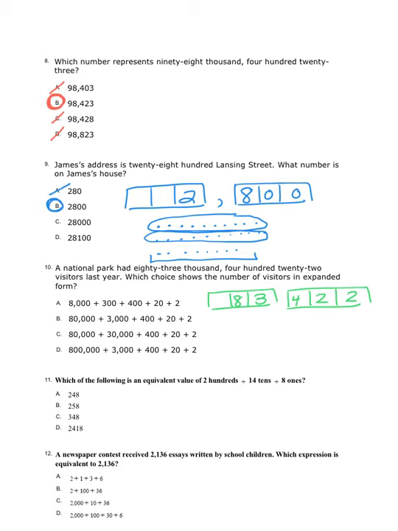So the value of 8 10,000s is 80,000. So I can eliminate A and D. The value of 3,000s is 3,000. So I can eliminate C. But let's keep going. The value of 400s is 400. The value of 2 10s is 20. And the value of 2 1s is 2. So B is the only answer that matches all of those.